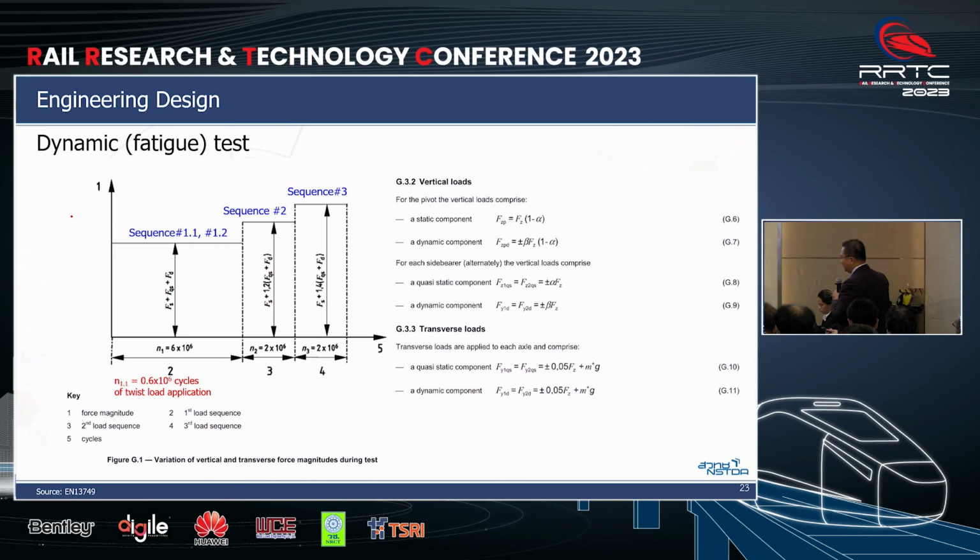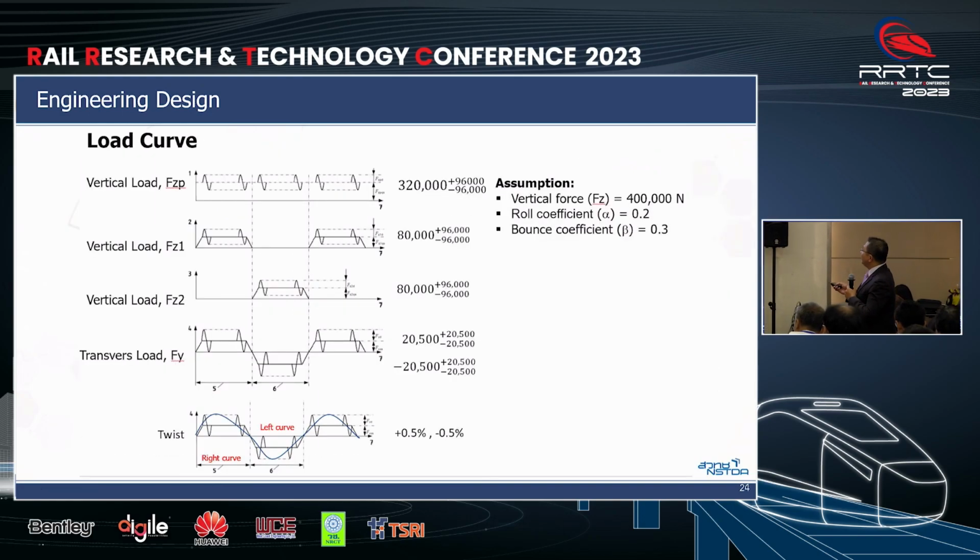After we finish the engineering design, we need to conduct the fatigue test. Again, we follow the EN standard. The load pattern that we use in our study looks like this one.